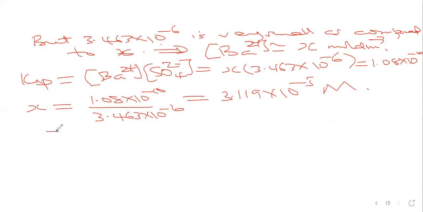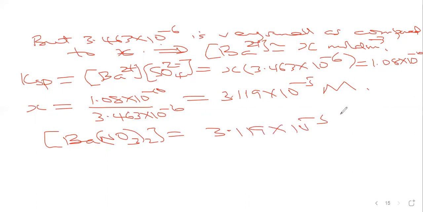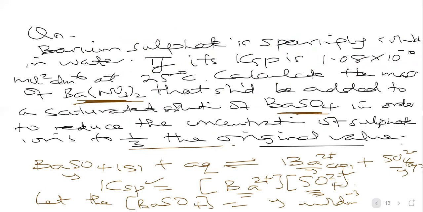So that is the concentration of barium nitrate. Its molar mass is, molar mass of barium nitrate. Remember, the question wants us to get the mass that must be added. It's a lengthy question, but I've liked it. It says 3 concepts.